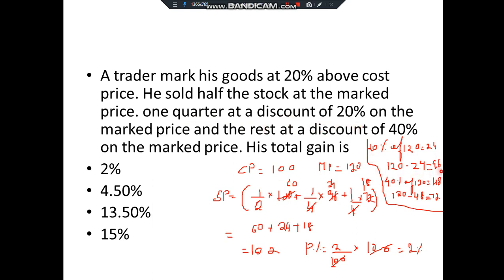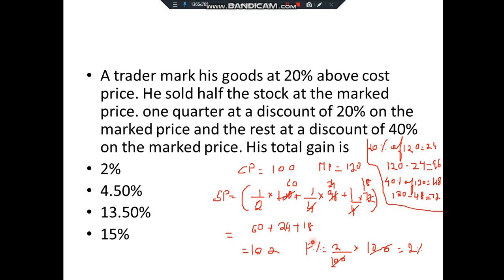Okay, so you'll get it as 96. And then the rest at a discount of 40% on mark price. Rest means, see, half already done, then one quarter is done. So you'll have one more quarter, right, out of 1. So 1 by 4 of 40% of 120 you should find, and then you find the selling price. You get it as 72.